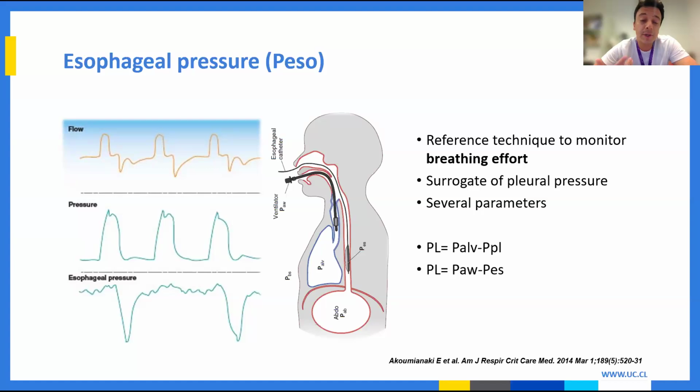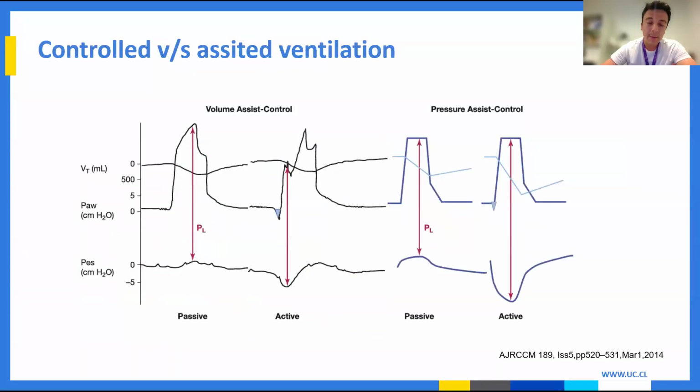And because we have esophageal pressure now, we can replace the pleural pressure. So having esophageal pressure, we can estimate the transpulmonary pressure. And this is really important, as I said before, because if we don't have this kind of tool, we can be losing some of the unseen effects of the breathing efforts.